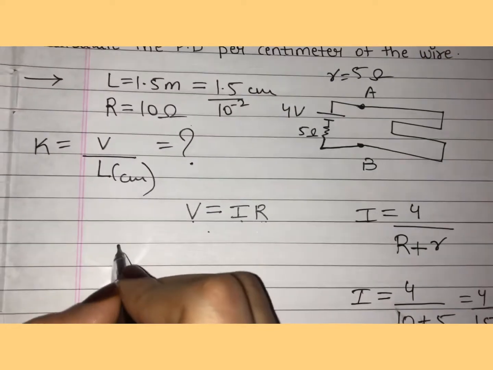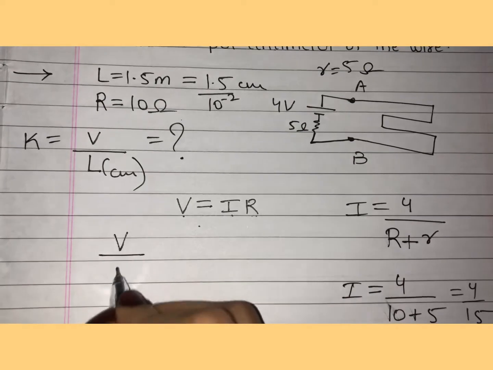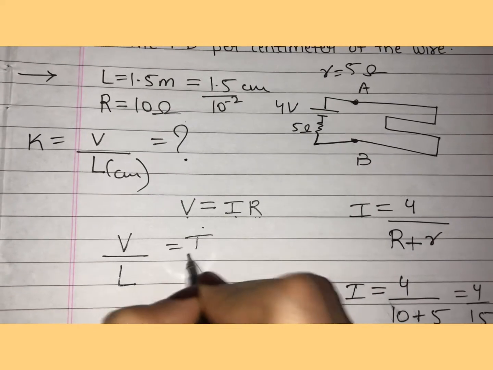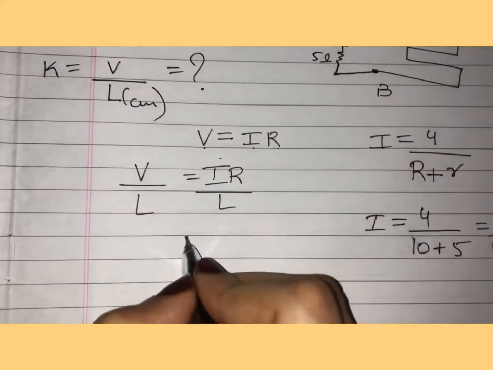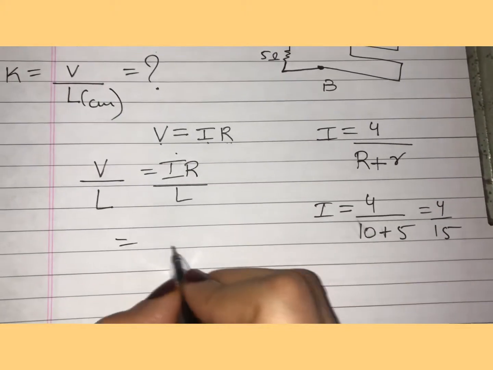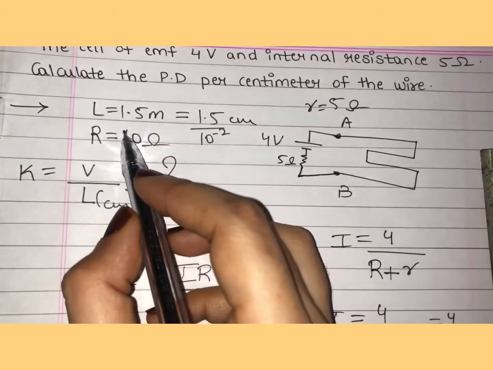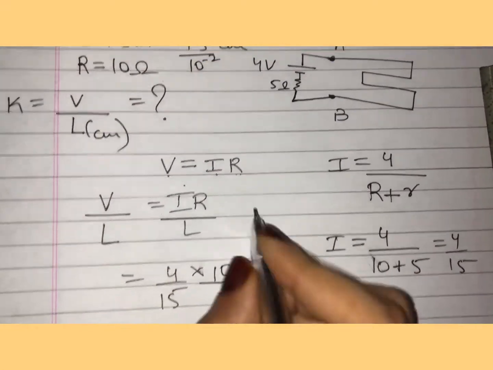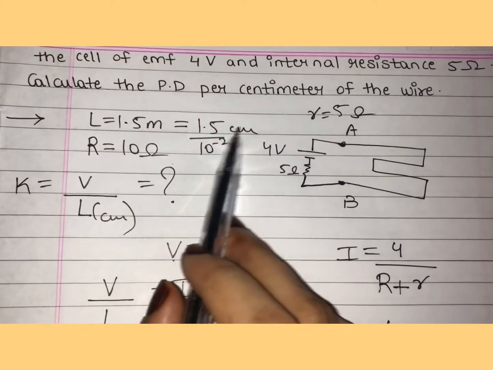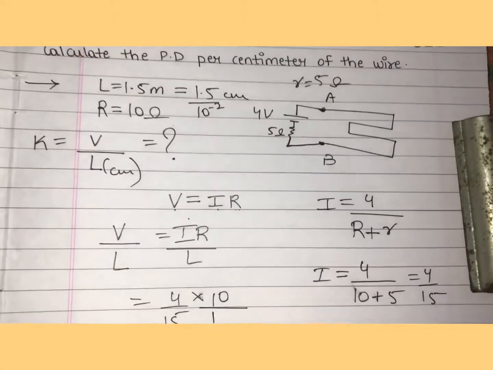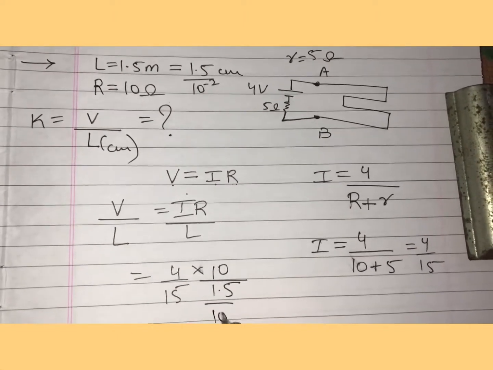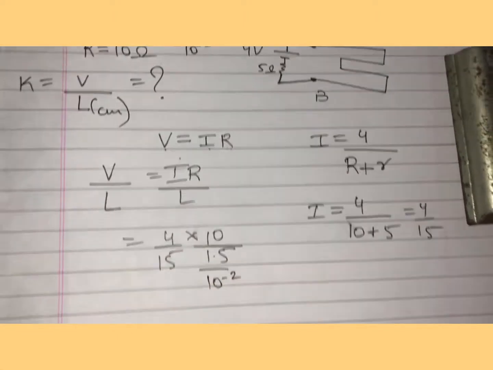So V upon L will be I into R upon L. What is I? I is 4 upon 15. What is R? Resistance of the wire, that is 10, upon L, which should be in centimeter: 1.5 upon 10 raised to minus 2 centimeter.